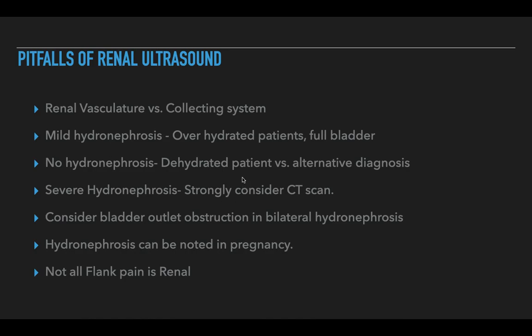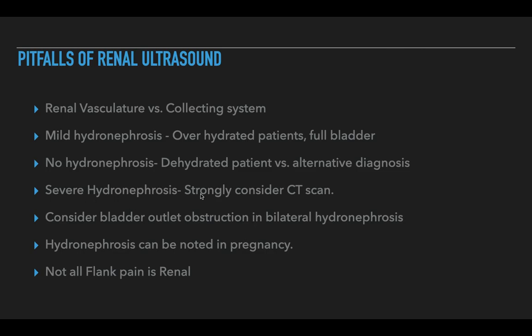Or perhaps your patient is dehydrated. Otherwise, consider an alternative diagnosis. If your patient has severe hydronephrosis, that is not a kidney stone that has caused that. It is probably a mass that has been sitting there over time or something else that's been obstructing the ureter over time. So strongly consider a CT scan for these patients.